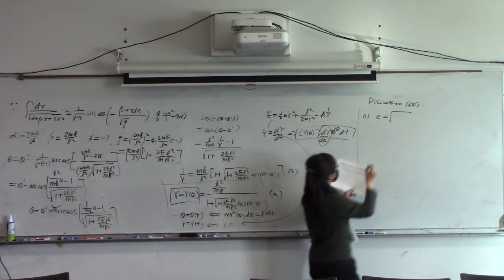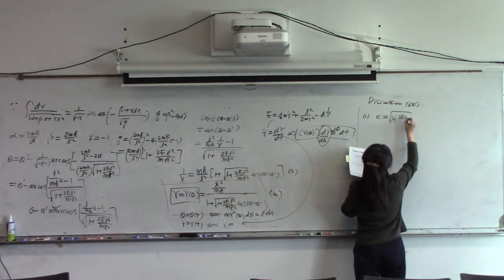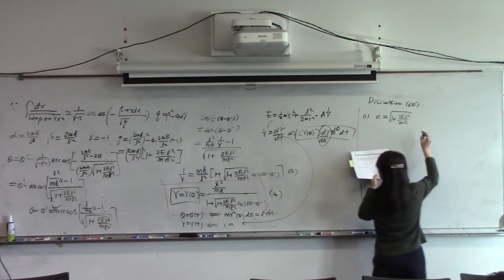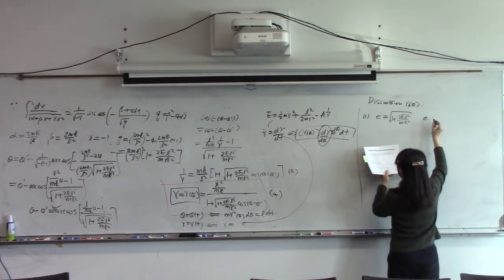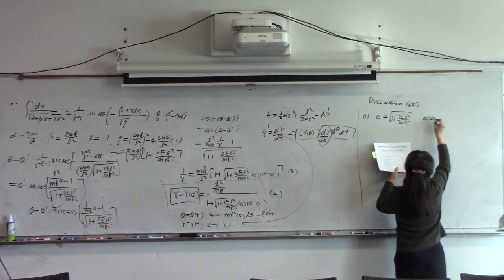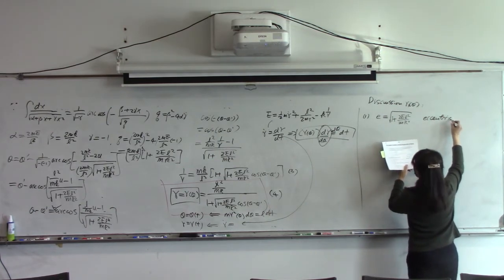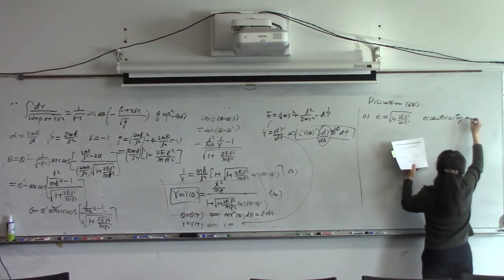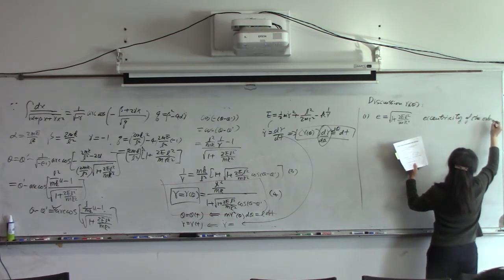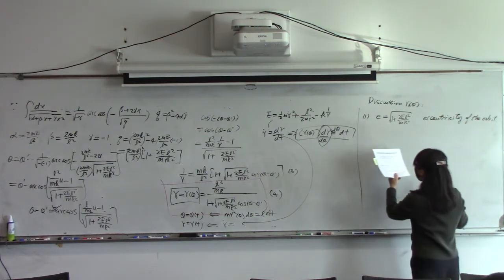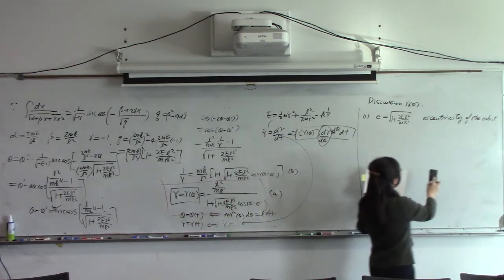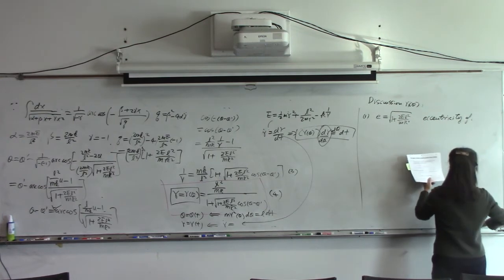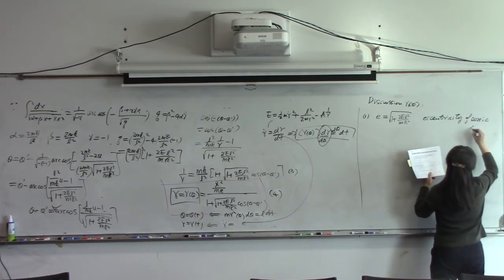We take as a constant 1 plus 2E L square over m k square, right? That is the eccentricity of the conic section, mathematically, and we are going to discuss it in more detail. It gives us what kind of orbit.